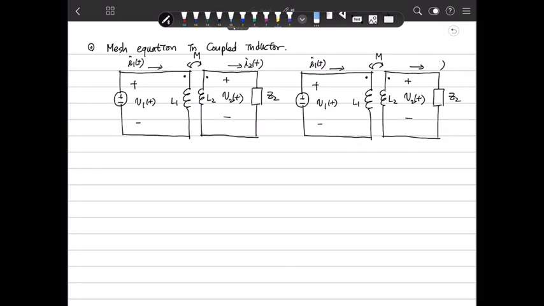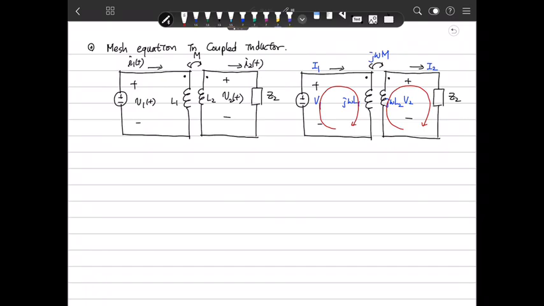Then you can replace the variables and define this is V1, this is V2 in phasor, this is I1 and this I2, and this is jωM, this is jωL1, jωL2. So at this time, we can make a mesh here. This is mesh 1, this is mesh 2.